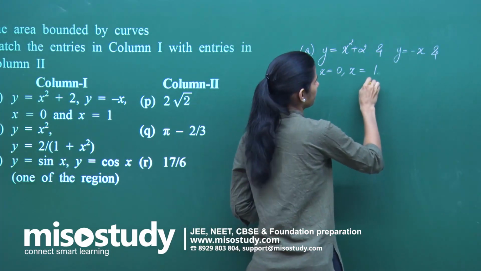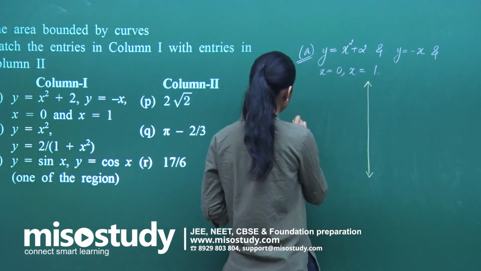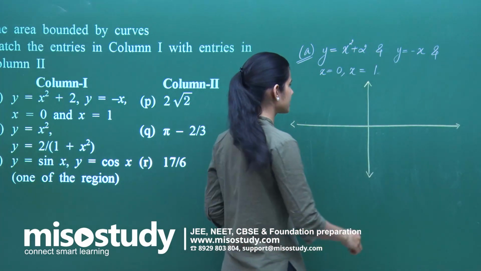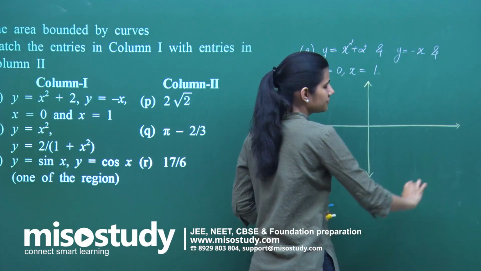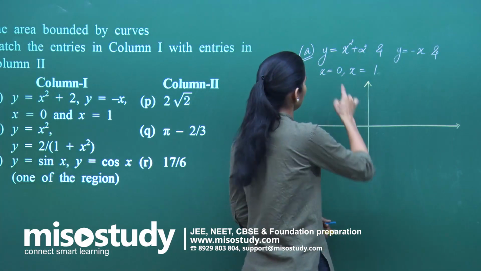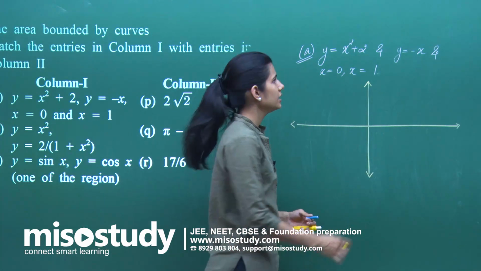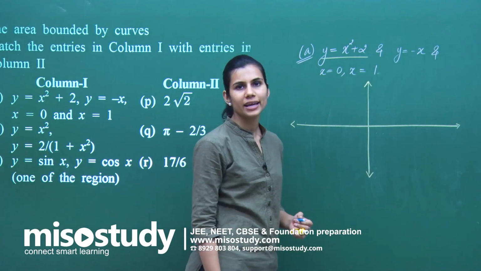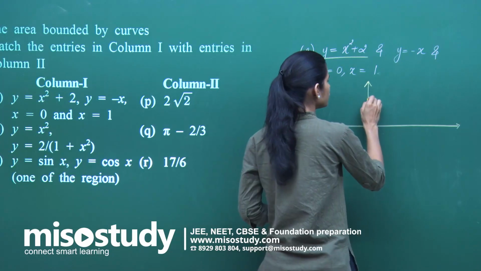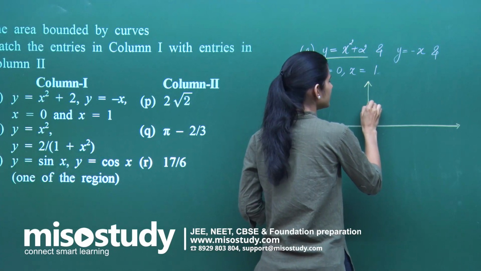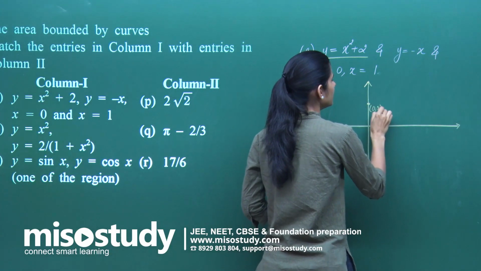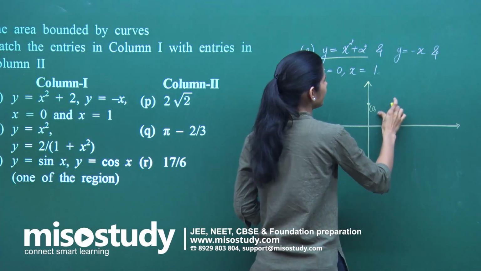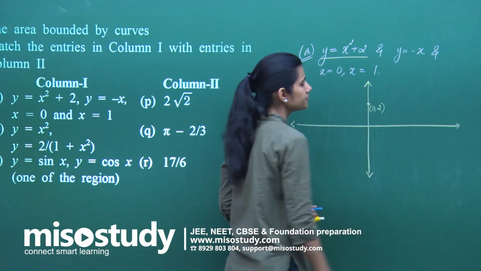Let's draw. If I talk about y equals minus x, I know it is this line, right? What about y equals x squared plus 2? If you focus upon this curve, when you put x as 0, you get y as 2. So this point is 0, 2, certainly lying on the graph of y equals x squared plus 2.